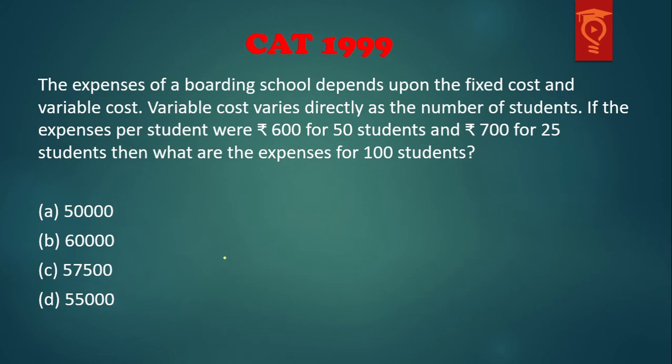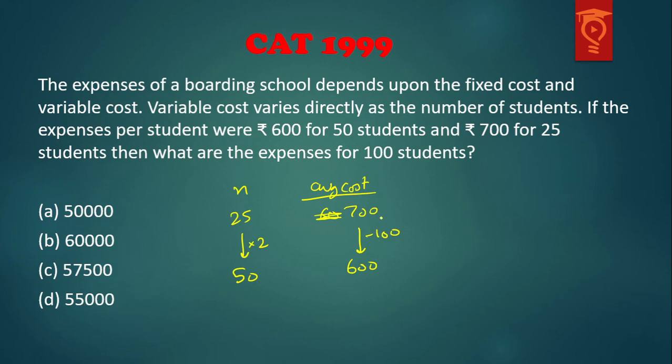Now the other solution that I was talking about, I see that when the number of students doubles, average cost decreases by 100. Now you have to understand that the cost per head includes variable cost, which will never change per head. It is only the fixed cost which must have been halved because the number of students has doubled.